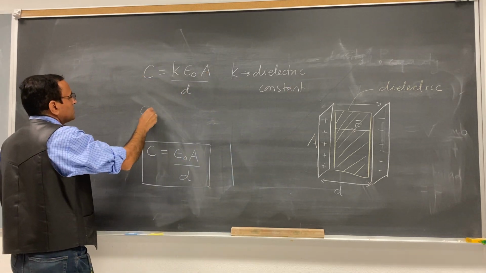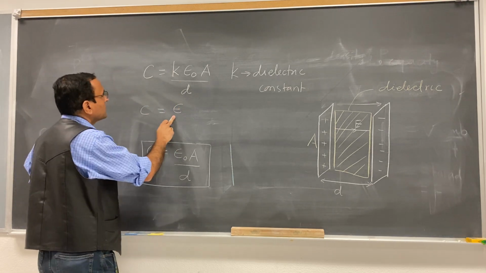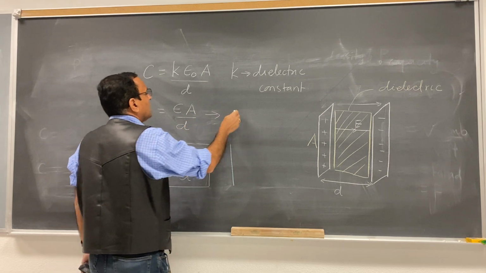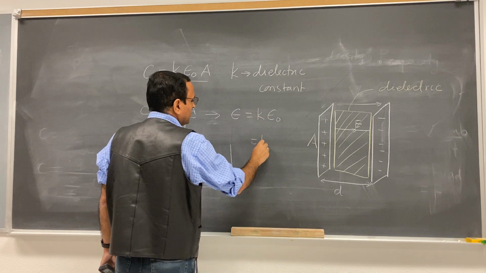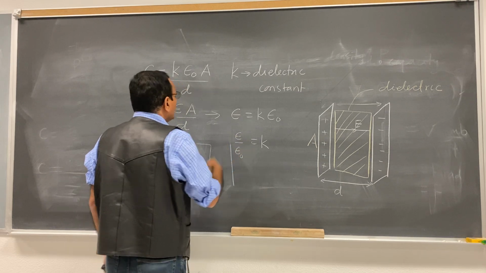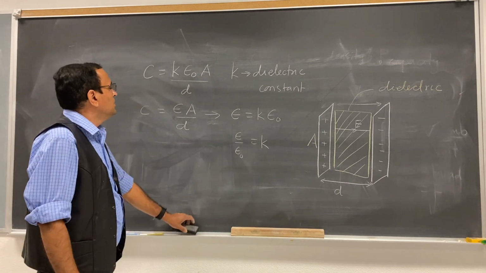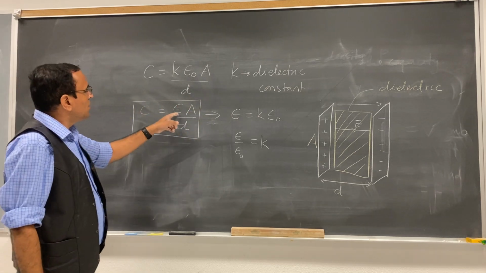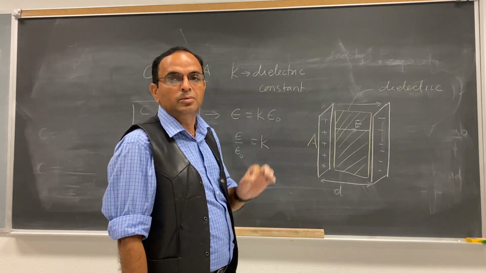Now you can simply write K epsilon 0 as epsilon only, so C equals epsilon A divided by D, where epsilon is K times epsilon 0. So what is K then? Your dielectric constant K is epsilon divided by epsilon 0. Epsilon is the permittivity of the material medium, not the free space.